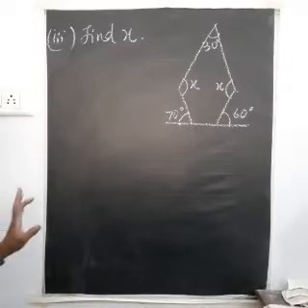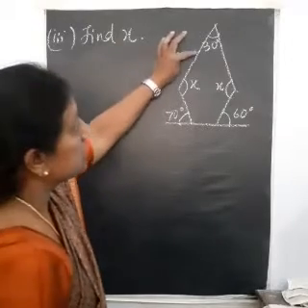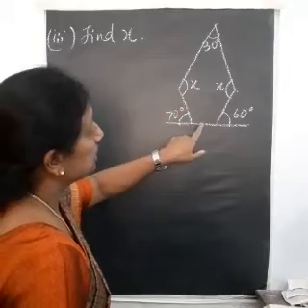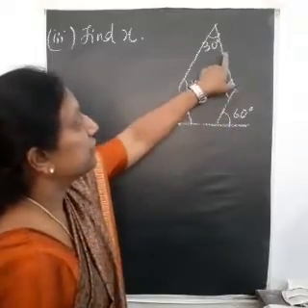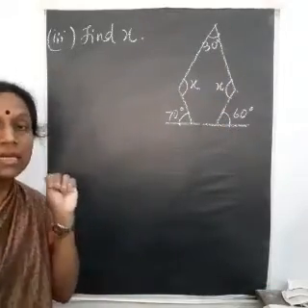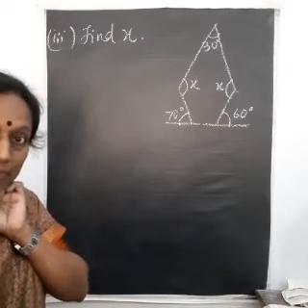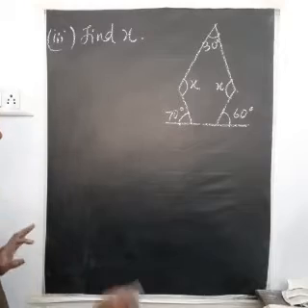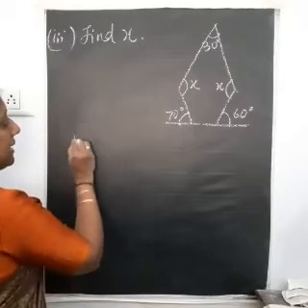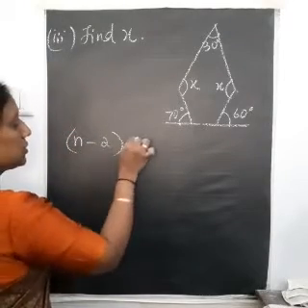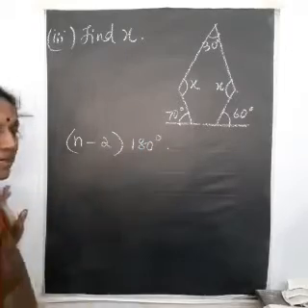Now, this is a how many sided figure? This is one side, 2, 3, 4, 5. 5-sided figure. So, what is the angle sum property for a 5-sided figure? Remember, I taught you that we can find it out as n minus 2 into 180 degrees. Correct?